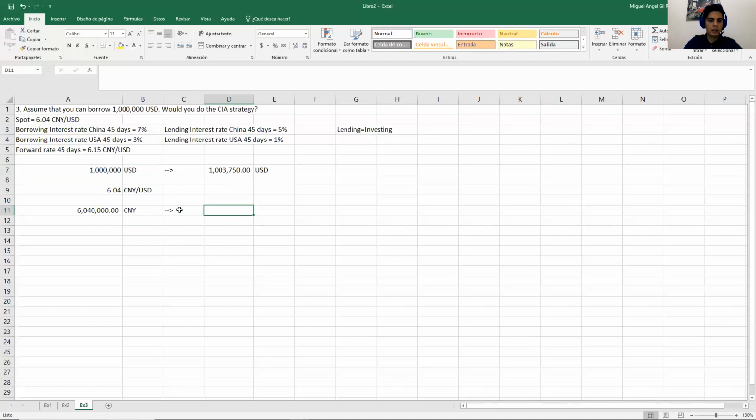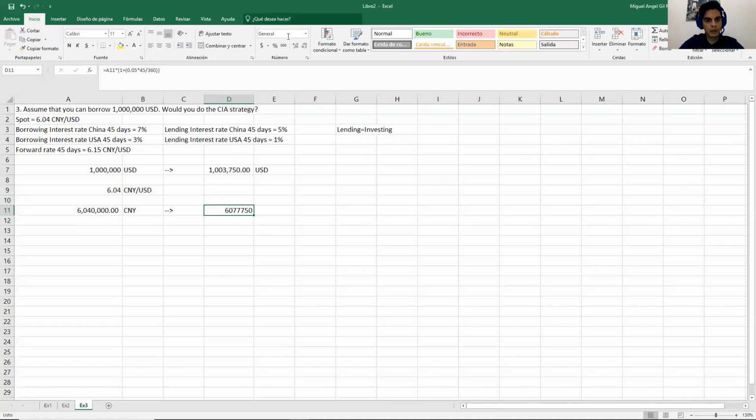So in here, I will have to use the Chinese rate, but the lending rate, right? Because I am investing. Now I have the yuan, I am investing the yuan. I am not borrowing the yuan, I am investing. So 0.05 times 45 over 360. Right?